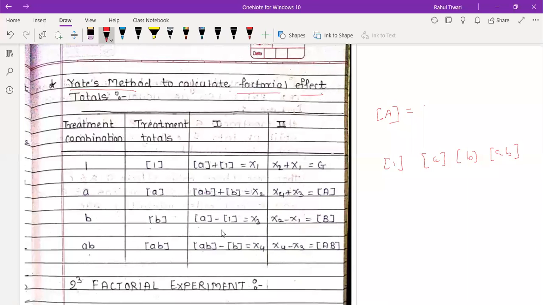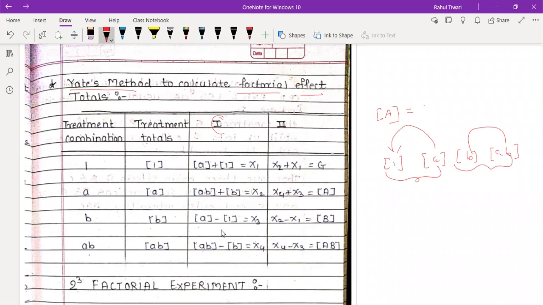If I'm just doing addition of these two, I will get the first; this is my first operation. Similarly, the next two will give another operation. Then second minus first gives the third operation. Similarly, fourth minus third gives the next operation. Similarly, in this case also, you have to do the same operation using this column.